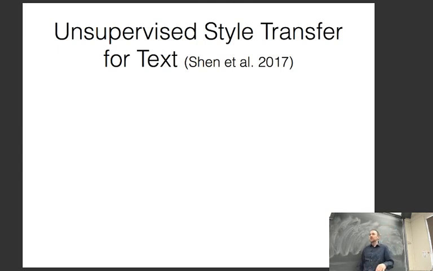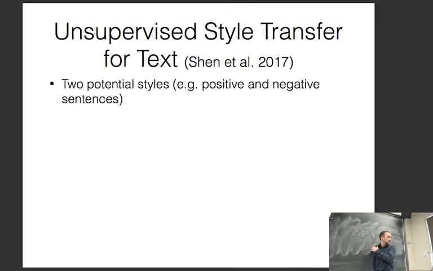One interesting application of this was unsupervised style transfer for text. If you want to transform text from one style to another, then this is a method that you can use. They have 2 potential styles, for example, one is positive and one is negative sentences.